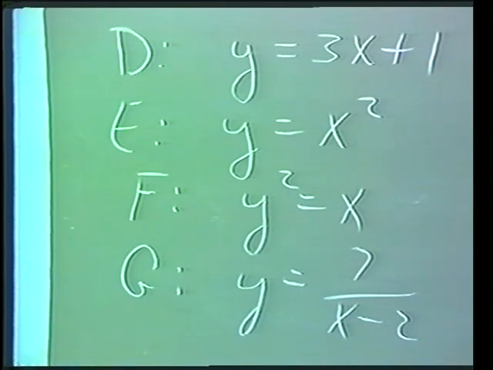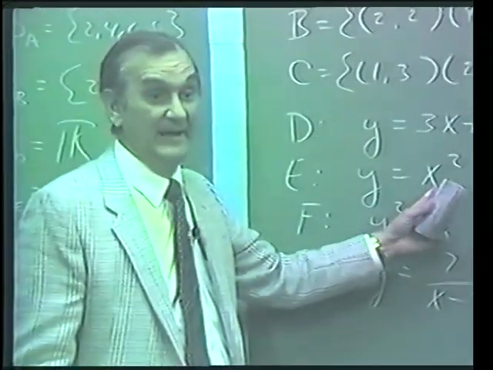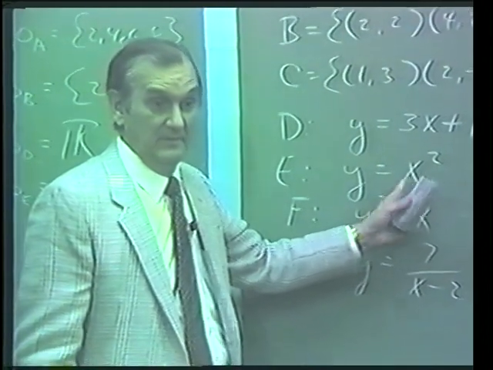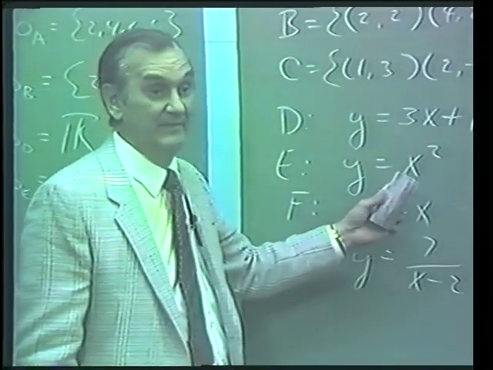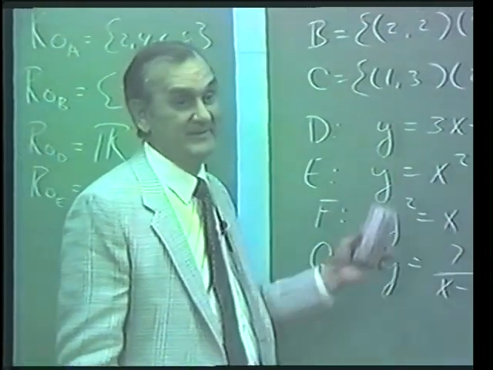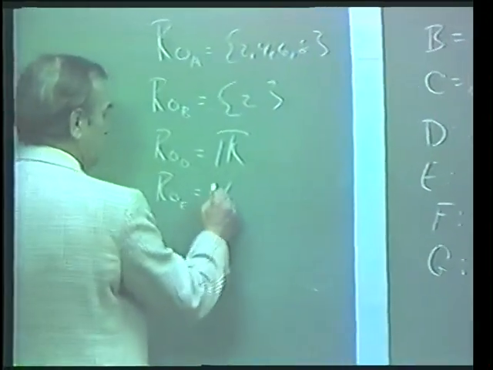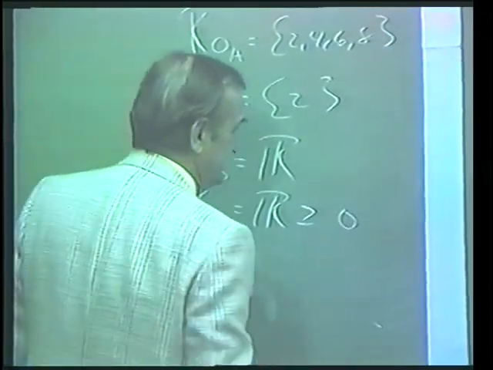Or non-negative. Right. If we plug in all these values of x that we're allowed to use, all reals, we're going to get all numbers that are not negative. In other words, if you square a number, you can never come out with a negative. So the range would be all the reals greater than or equal to 0.